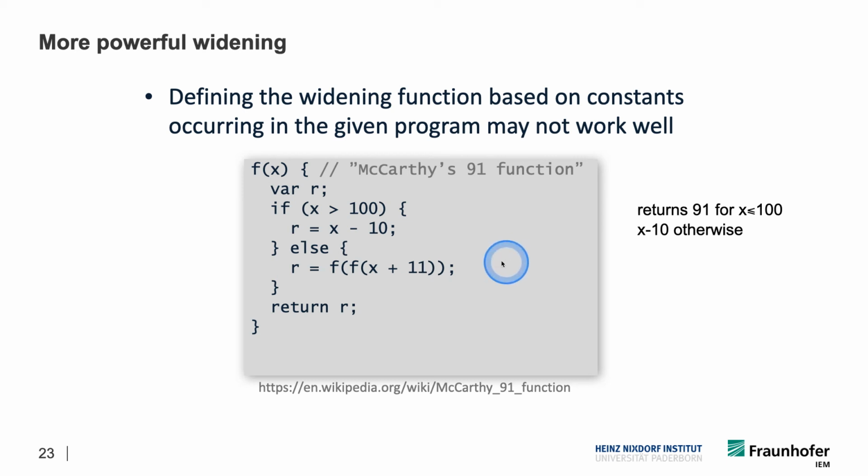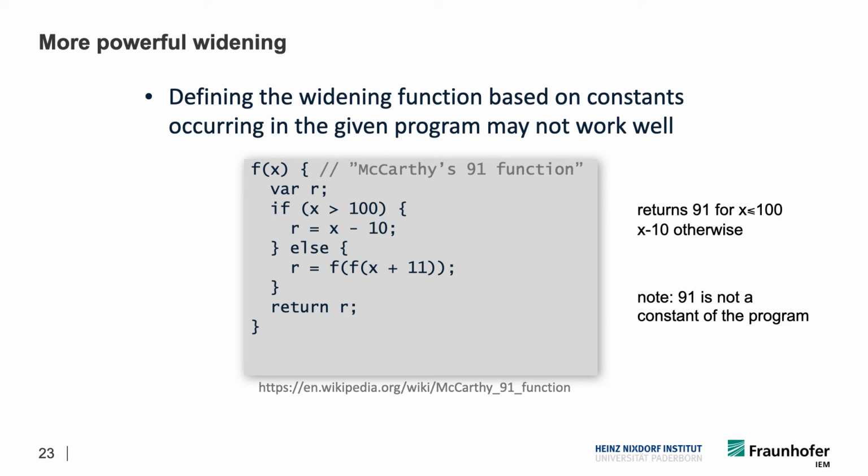So we would have boundary values 10 and 11 and 100, but not actually 91. And so because that is not in the program, the intervals chosen that way would not be very useful here.